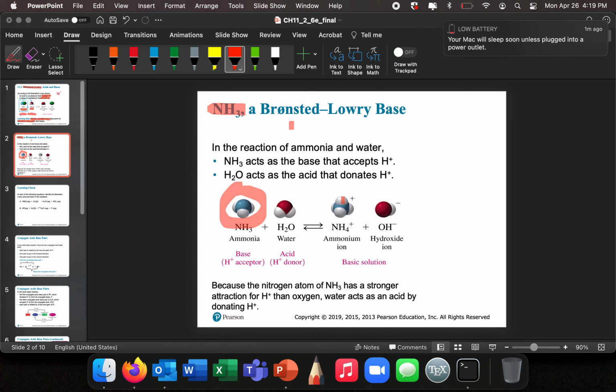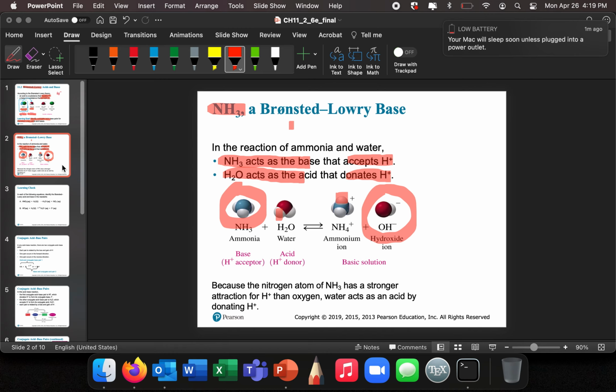And if you put it in water, it takes an H plus from water. And if water loses one of those H pluses, what's left behind? Hydroxide, right? So you can see, by the way, that ammonia actually acts as both a Bronsted-Lowry base in this case and an Arrhenius base because it produces OH in solution, right? So in the reaction of ammonia and water, ammonia acts as the base that accepts the H plus, and water acts as the acid in this case that donates the H plus.